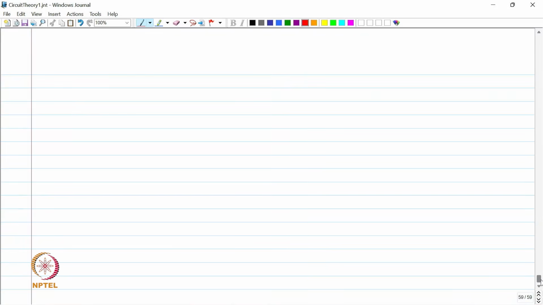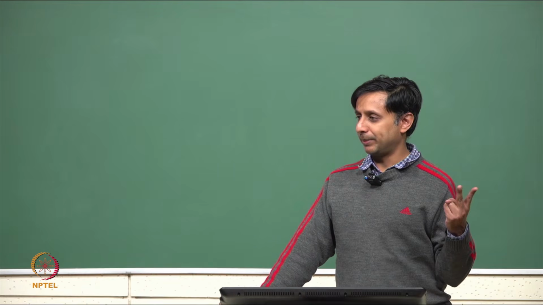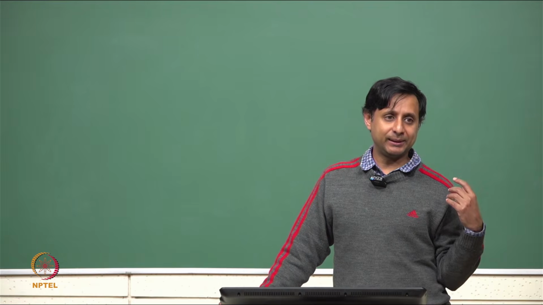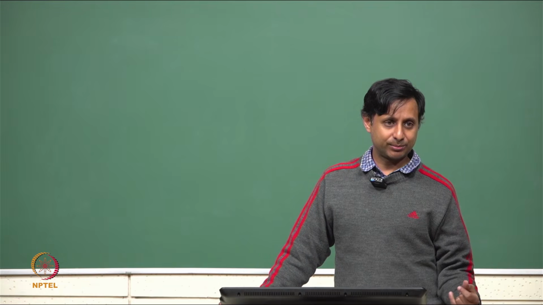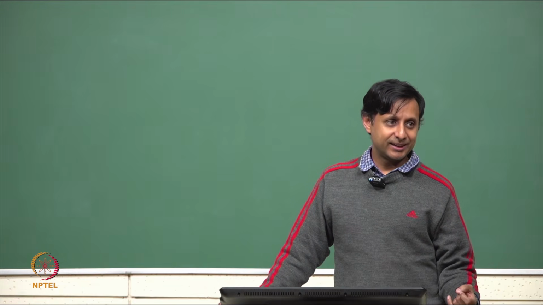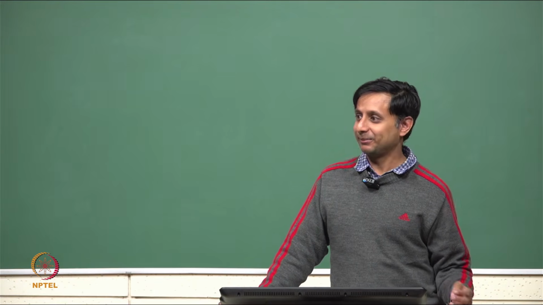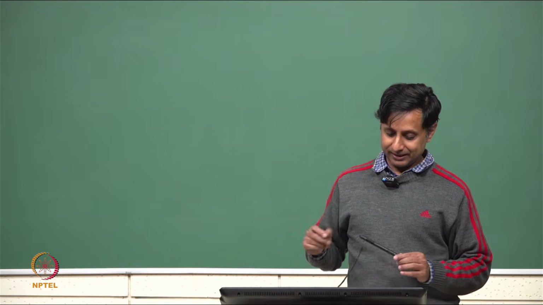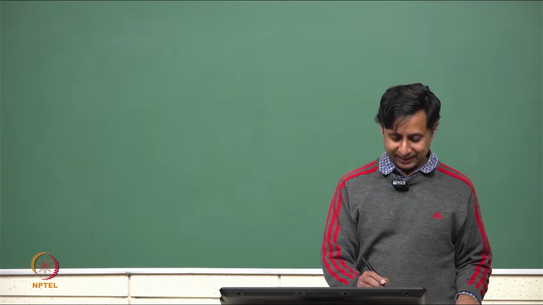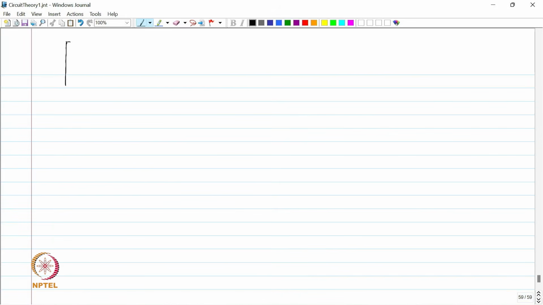We have discussed two parameters, two ways to play with a two port network, right. And how many more ways have we got to do? 4 more ways we have got to learn, right. So, the next would be, instead of V 1 V 2 as independent and I 1 I 2 as dependent, we are going to do mixed.